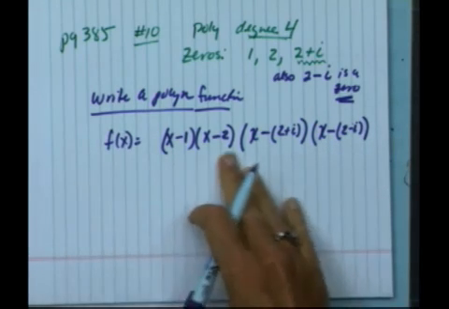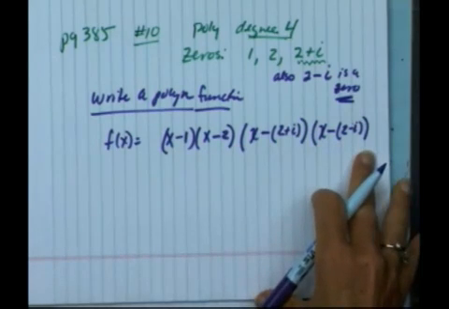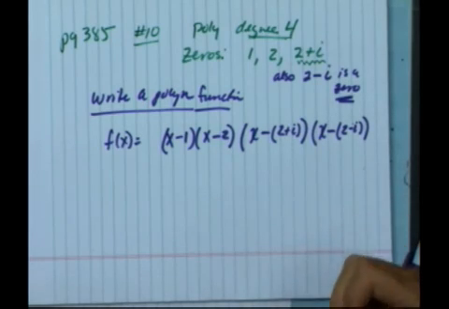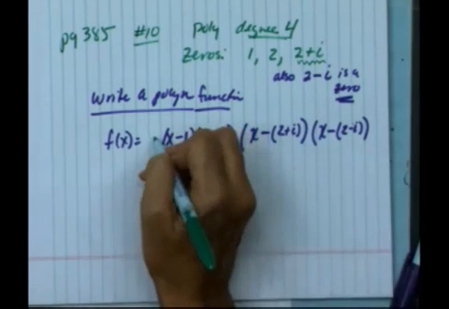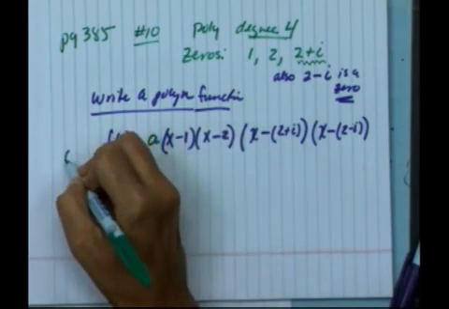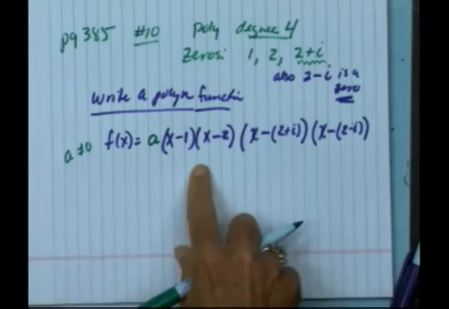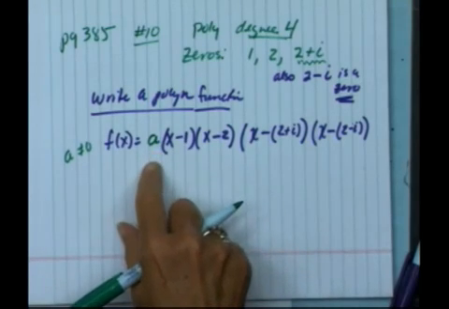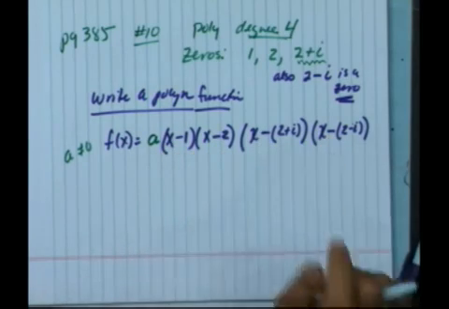This represents one polynomial function with those zeros. If I wanted to represent every polynomial function, we put a little a right here, where a is not equal to 0. Remember, that's just going to do a vertical stretch for you.